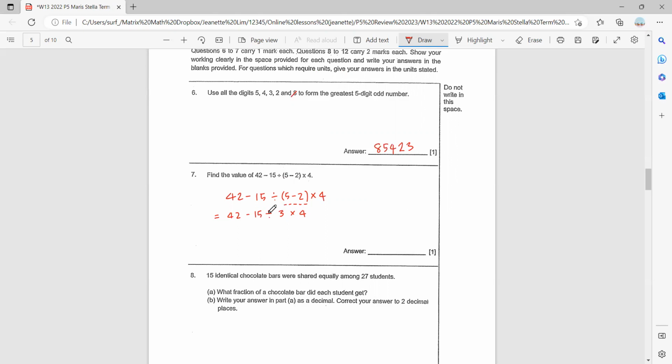So what comes first is 15 divided by 3, which is 5. So 42 minus 5 times 4. What I do next is the times. So this is 20. 42 minus 20. Answer 22.